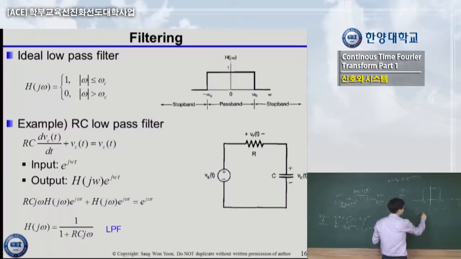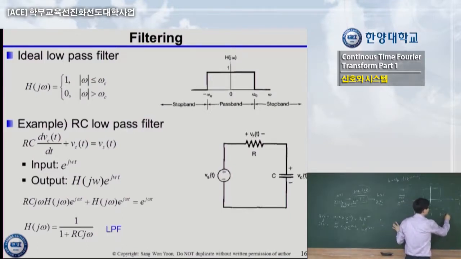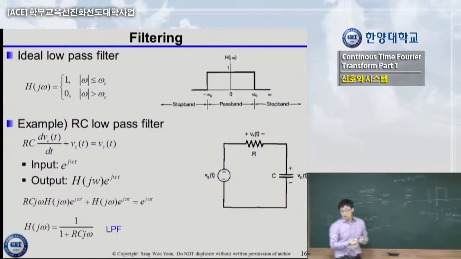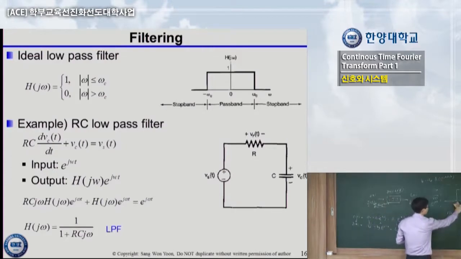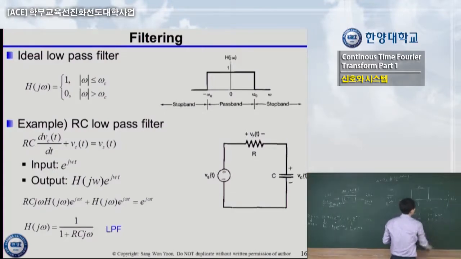The filter, whatever it is, will be 1 when the frequency is smaller than or equal to omega 0. It is 0 when the frequency is larger than omega 0. Let's change the omega 0 used in the system, so let's call it omega c. That's the band frequency.